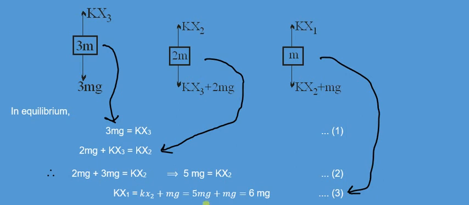For this block, 3mg is equal to kx3. 3mg is in downward direction, kx3 is in upward direction. So 3mg is equal to kx3.